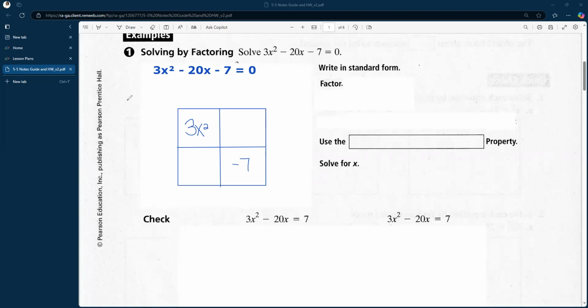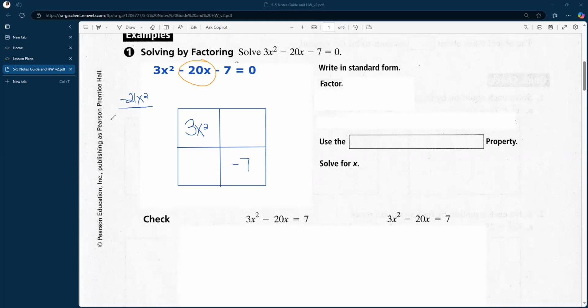3x squared times negative 7 equals negative 21x squared. I want the factors of negative 21x squared that sum to b. B is negative 20x.